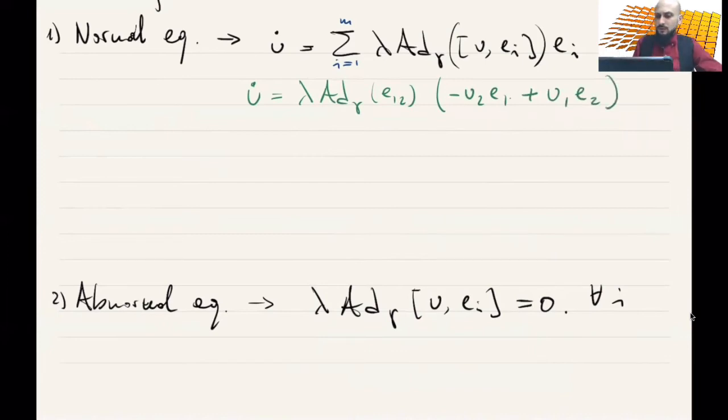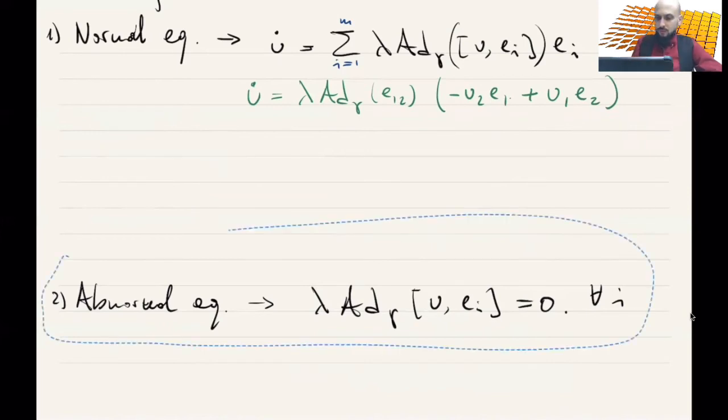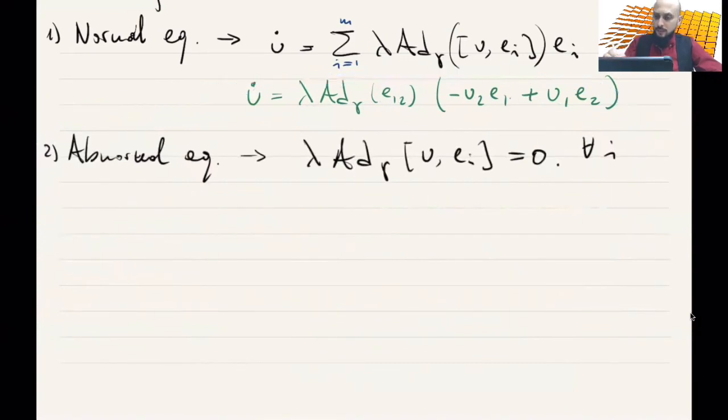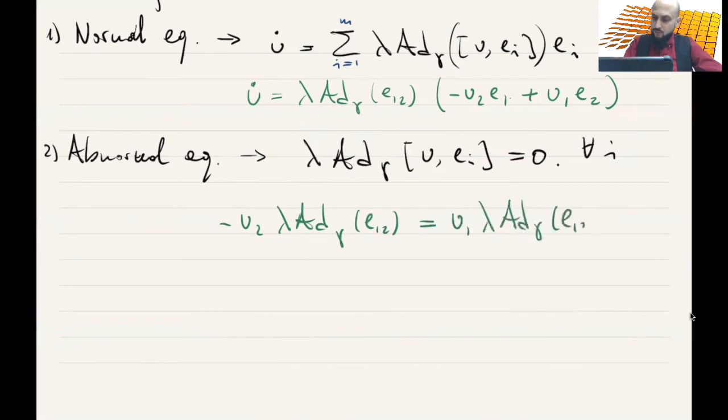Okay, this is for the normal equation. Abnormal equation. So this is simply telling us that we have minus u2 lambda ad gamma e12 equal to 0, and also u1 lambda ad gamma e12 equal to 0.